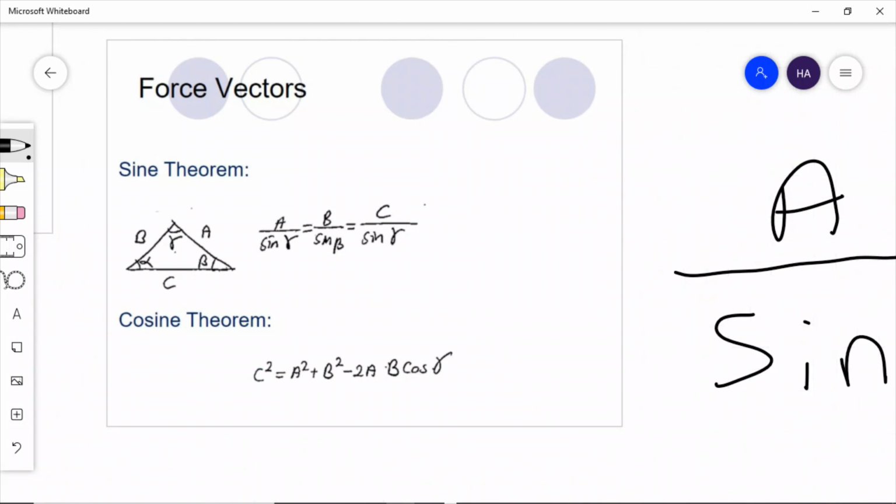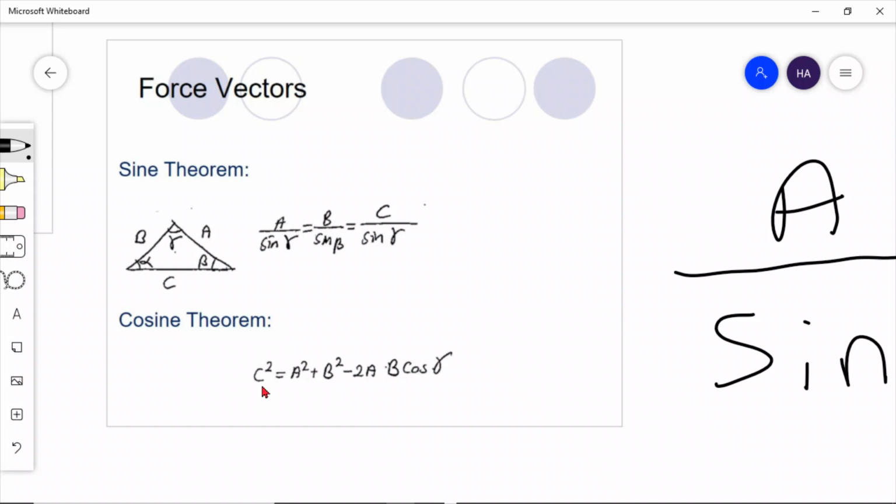Okay, we have another theorem. That is called the cosine theorem in that case. What the cosine theorem tells us is that if you know the lengths of two edges of a triangle, along with the angle between these two edges, you can find the length of the third one.